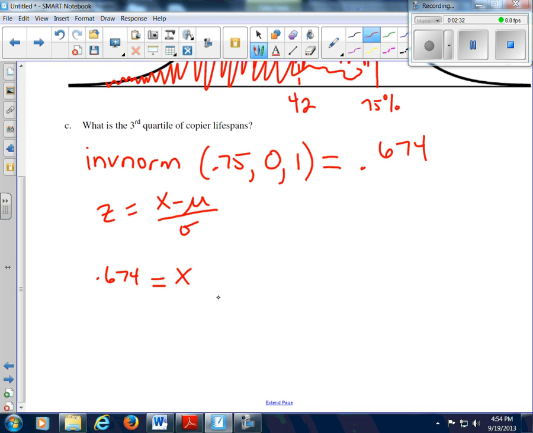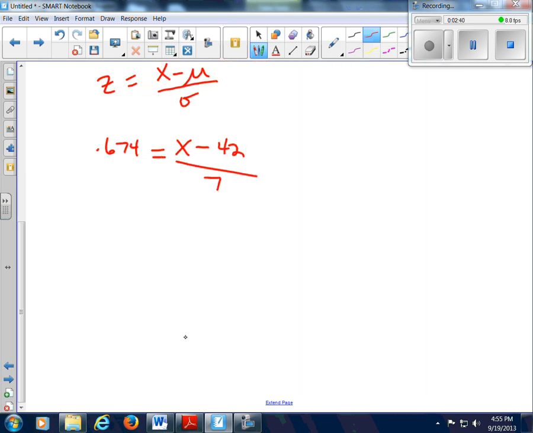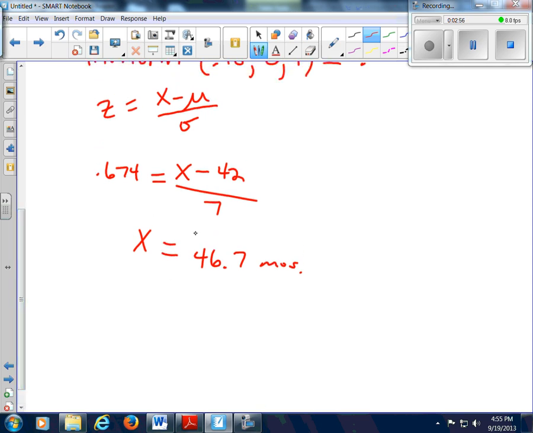I don't know what that is in terms of months, and I have a mean of 42 divided by 7 months for a standard deviation. And if I work out the algebra on that, I'm going to solve for x, and I'm going to get 46.7 months with rounding. So that is my answer for 14C.